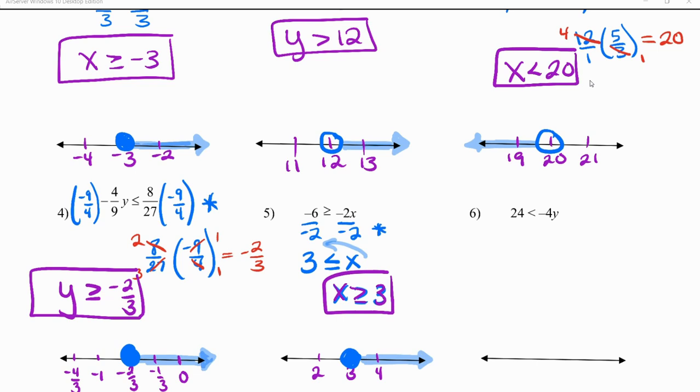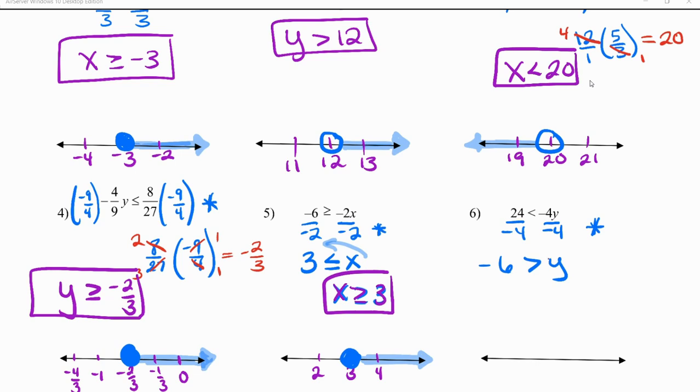And our last inequality. So look on the side with the variable. We're multiplying y by -4. So we're going to divide by -4. Again, we divided by a negative, so we want to make sure we flip the inequality symbol. We want to rewrite this so the variable is on the left to make it easier to graph.